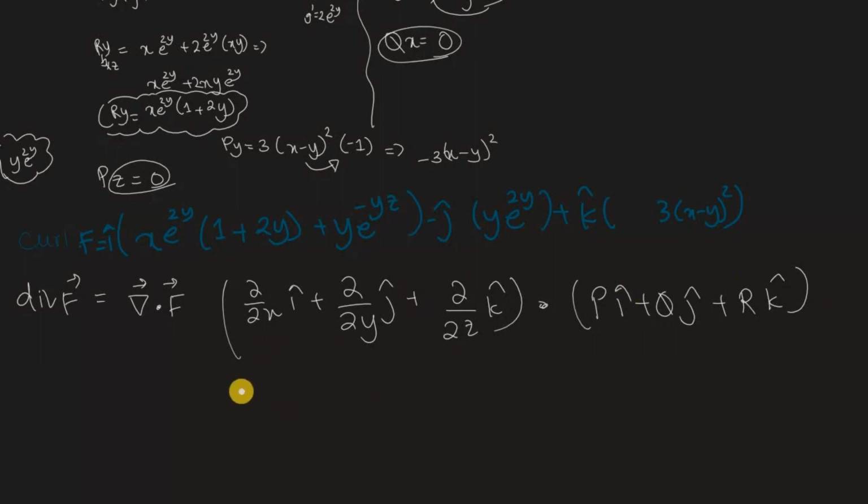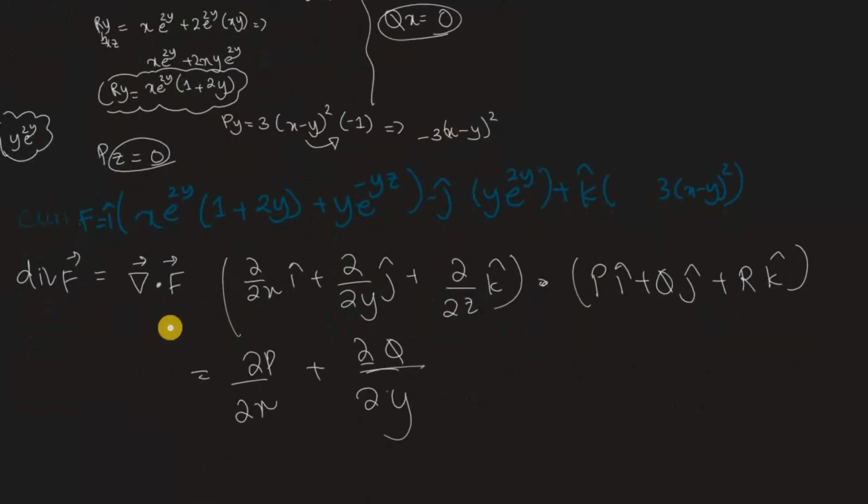So this times this, so this is gonna be partial derivative of p with respect to x, and then partial derivative of q with respect to y. And yeah, the i, j, and k hat simply cancel out. There's no i, j, k when you do the dot product, since it's a scalar product. Okay, the curl of f is a vector, but the divergence is a scalar.